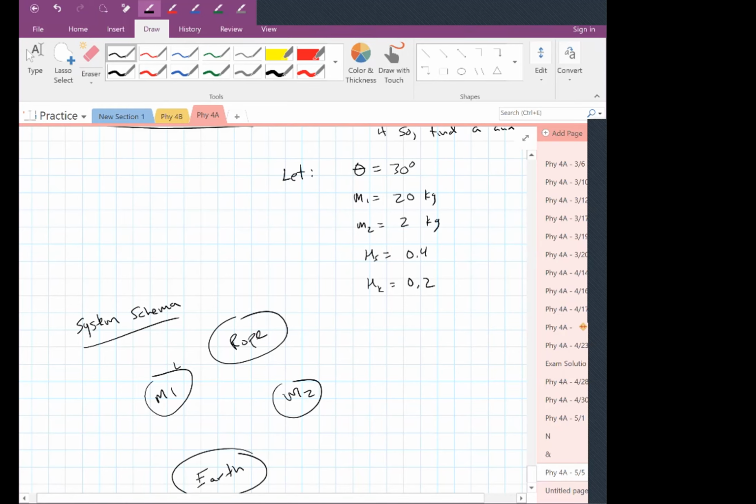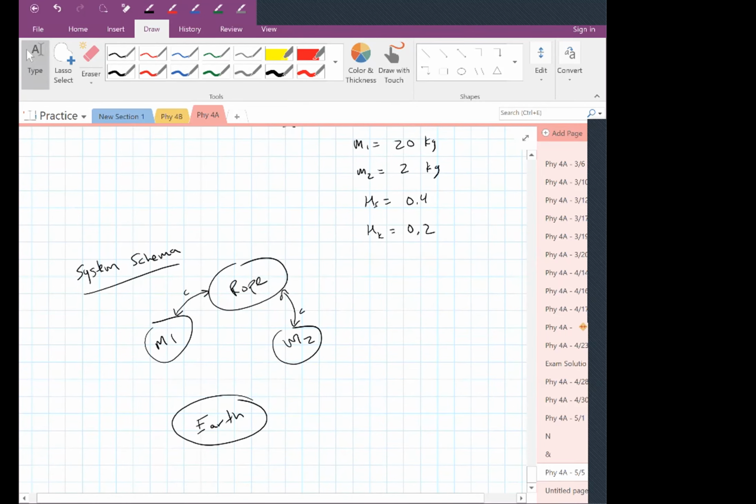And the rope interacts with M1, that's a contact force. And the rope interacts with M2, that's a contact force. M2 is interacting with the Earth through a non-contact force, right? That's gravity.